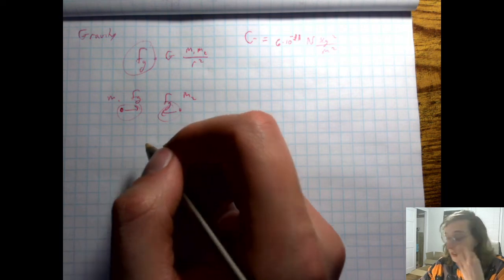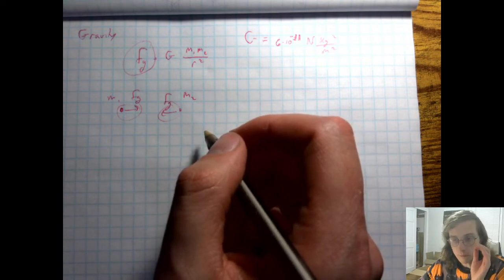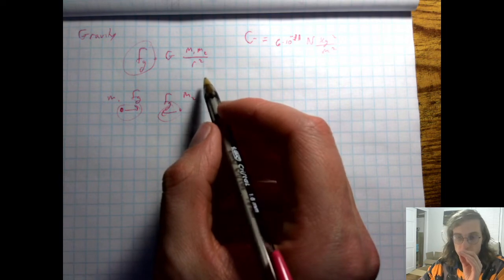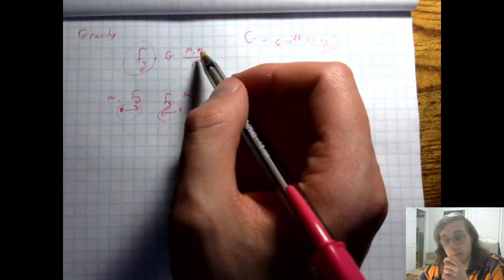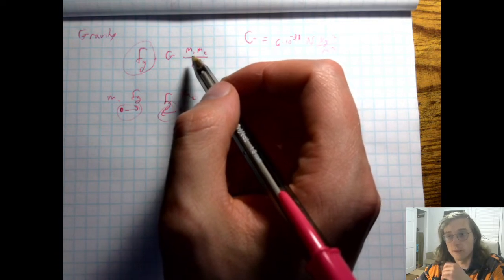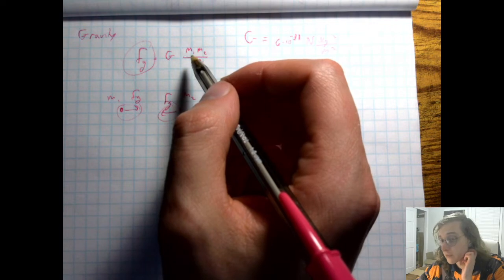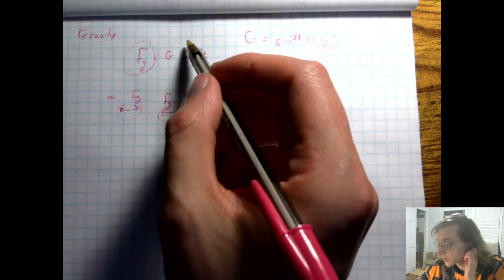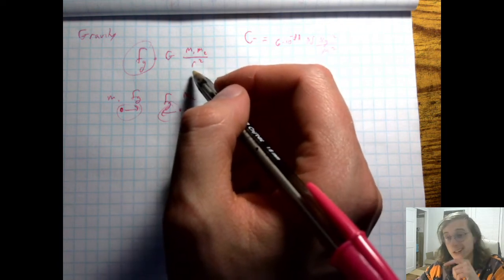I think that's pretty much it for that part. So this is our force equation that we're going to be using. I guess a couple notable features. Both masses matter. So if the mass of one object doubles, then the force applied doubles. If the mass of both objects double, then the force applied quadruples, because you've got times 2 and times 2 in the numerator. In the denominator, you've got r squared.